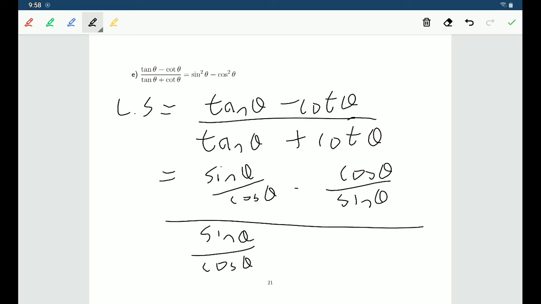That was supposed to be a minus. Try that again. There we go. So I've rewritten things in terms of sines and cosines. Tangent is sine over cosine, cotangent is cosine over sine.